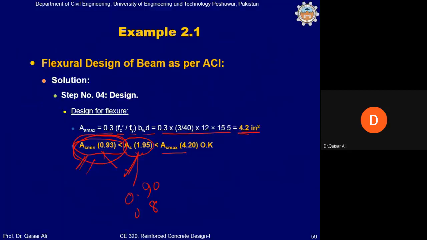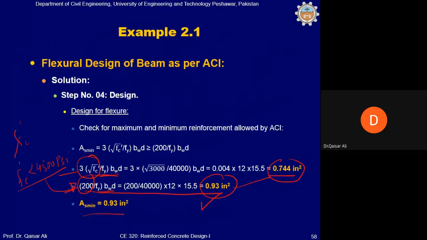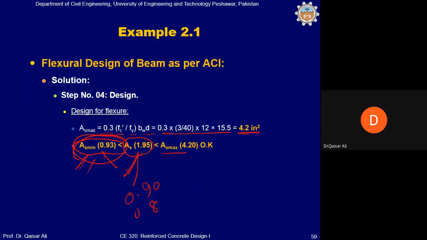if you compare this equation with the equation 3 root Fc prime, it is exactly the same equation as our 2.25, and the ACI code has jacked it up a little further to 3, so that the value of As minimum is greater than this. As max we have derived in the previous lecture, and it should be calculated like this.